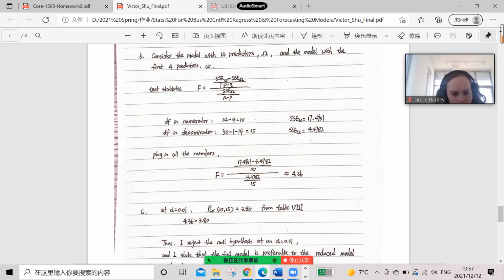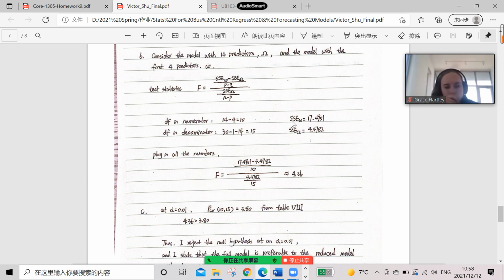In the exam, there's a high chance those data are given. What you want to focus on is the degrees of freedom. The df in the numerator is 14 minus 4. What is 14 minus 4? It's just the model with more predictors minus the model with fewer predictors.